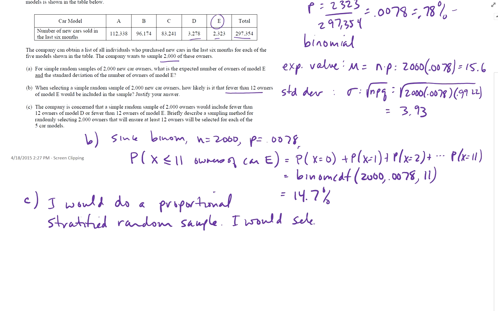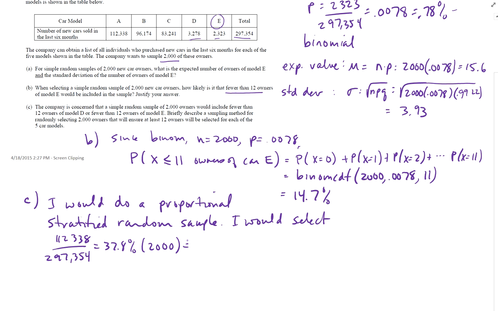Sorry, I had to pause it there for a second. I would select 112,338 out of 297,354, which is 37.8% of my sample of 2,000.